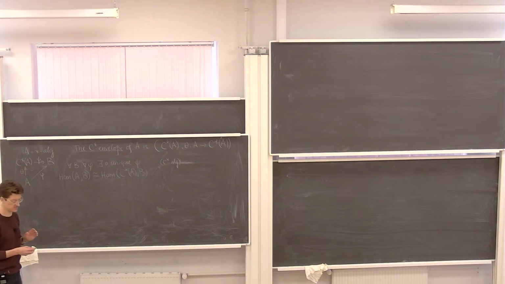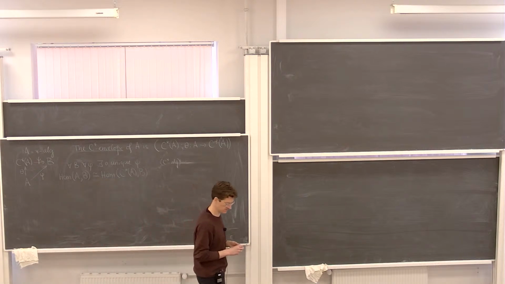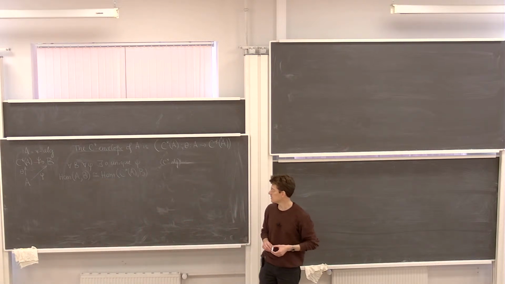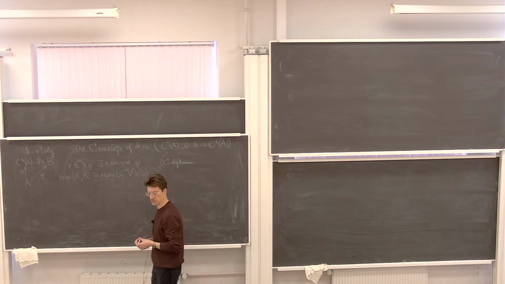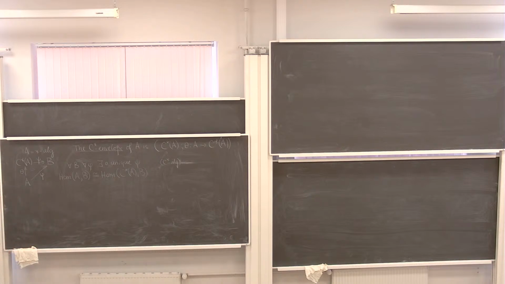Well, I don't claim that this object always exists. In fact, we will see shortly, by looking at some examples, that sometimes C-star of A doesn't exist. But we proved that it exists if and only if there is a largest C-star seminorm on A. So we define the following number.